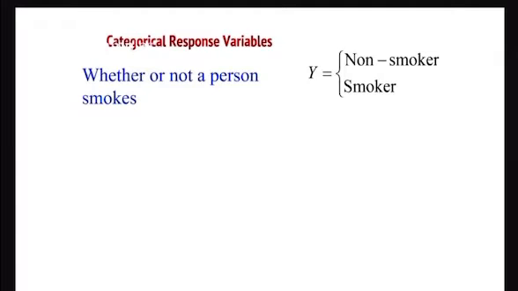When the response variable is quantitative or continuous, of course, we've been trying linear regression, right? But what if the response variable is categorical? What do I mean by categorical? Like whether or not a person smokes. That's categorical with two levels: non-smoker and smoker.